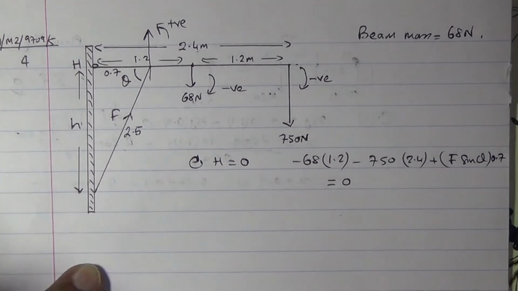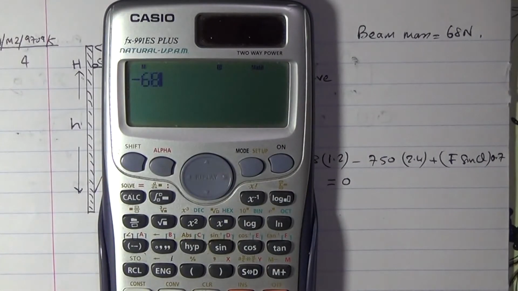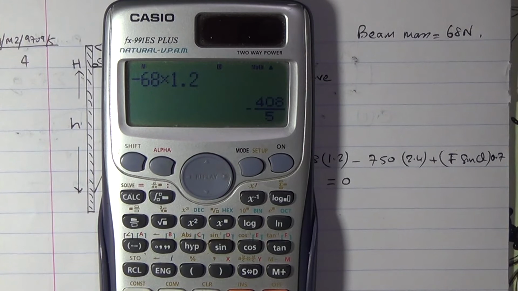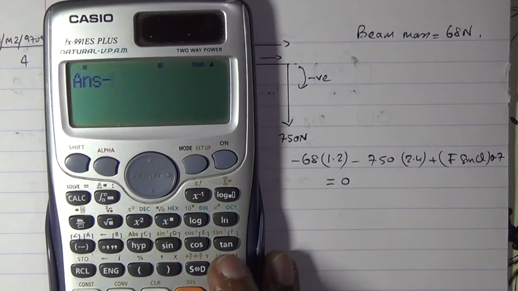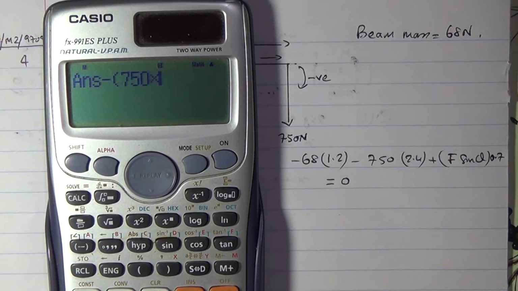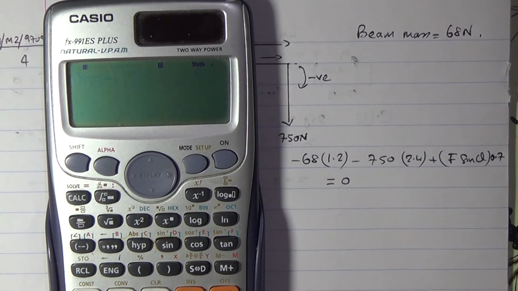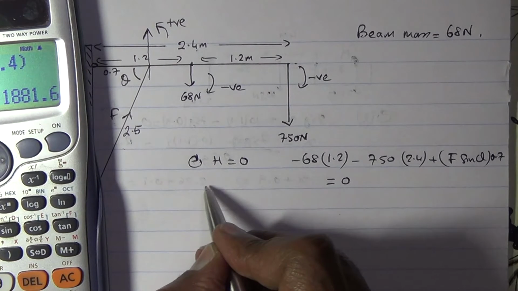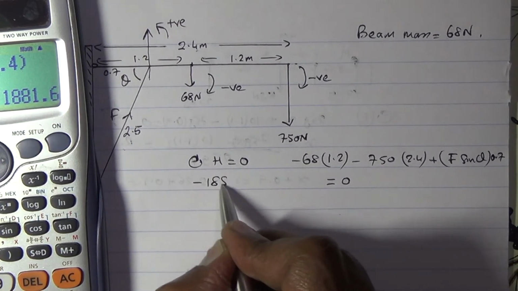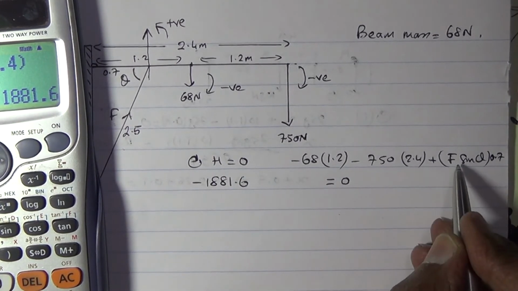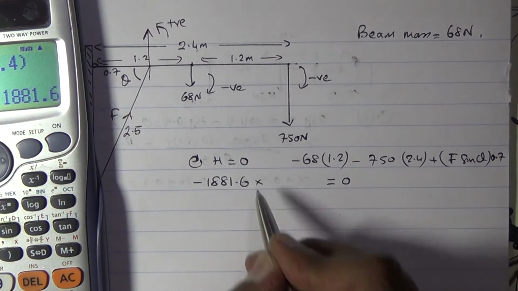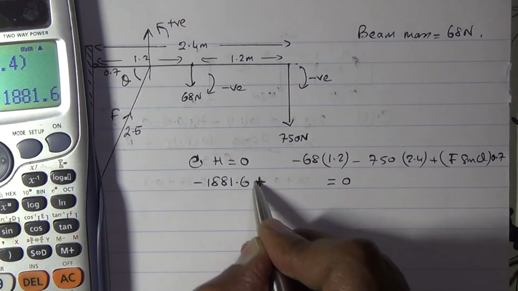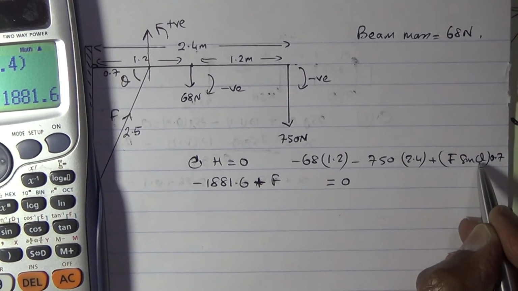Basically, minus 68 times 1.2 is this much, then minus 750 times 2.4, we're getting that much. So therefore, I've got minus 1881.6. Here I've got plus F times the sine of theta.